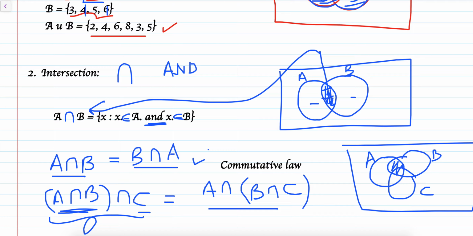Then we are finding the intersection of this region and C, so only this part is common between this earlier shaded region and C. This part is common, so this region is common to all A, B and C. The same thing we will do here, B and C, we will find this region, and then we will find common with A, so it would come as this region. So we see that both are same.